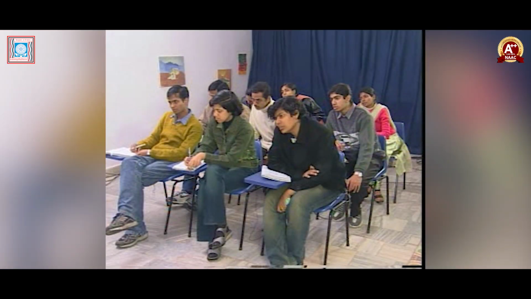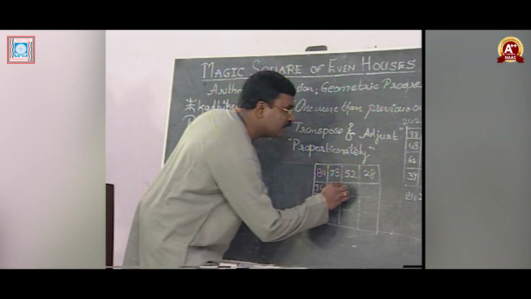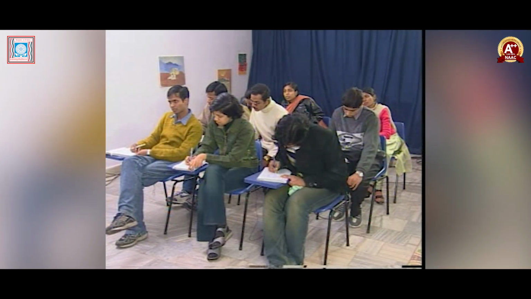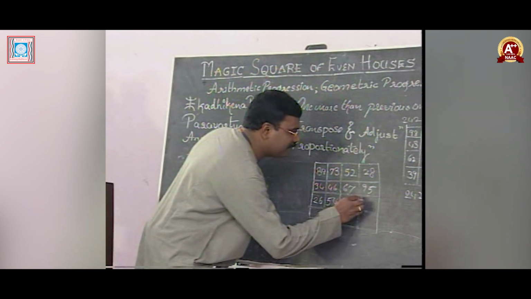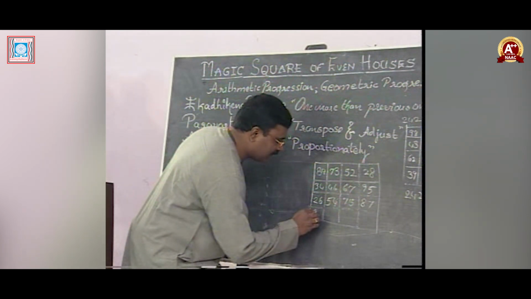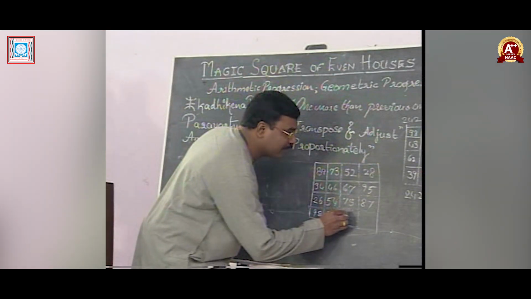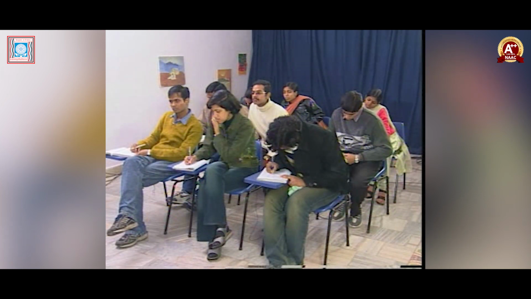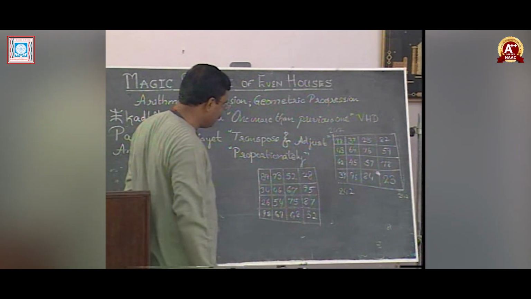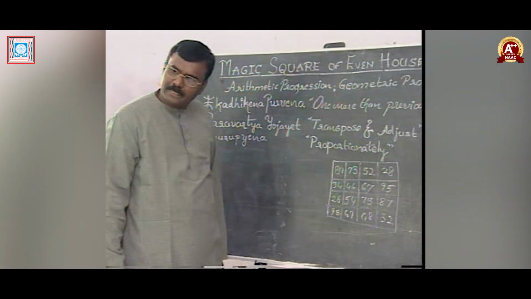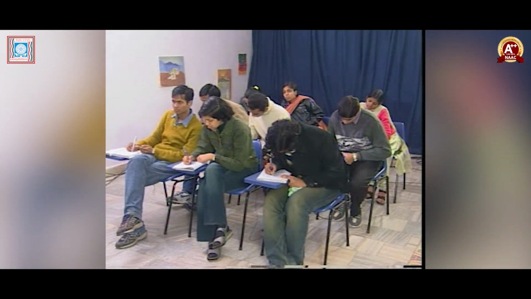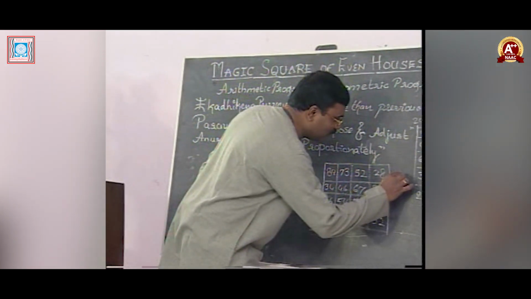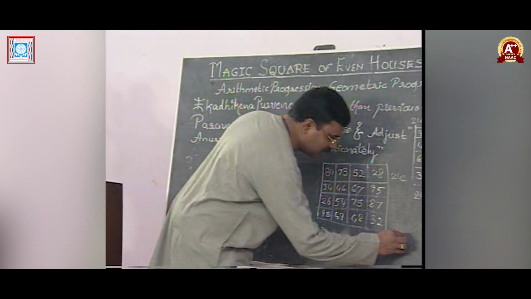Next 34, 46, 67, 95, 26, 54, 75, 87, 93, 69, 48, 32. Now calculate the sum vertically and diagonally. How much do you get? 242 vertically, 242 horizontally, 242 diagonally.